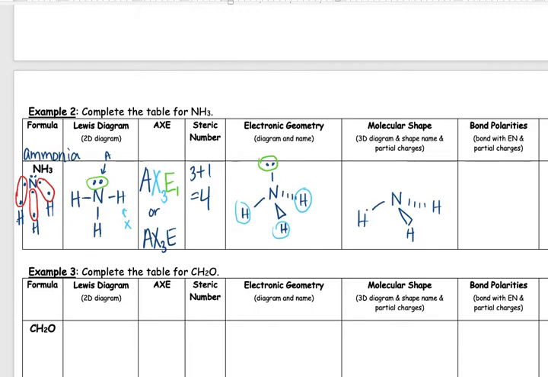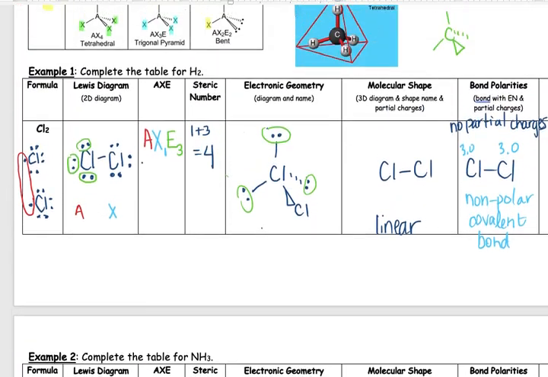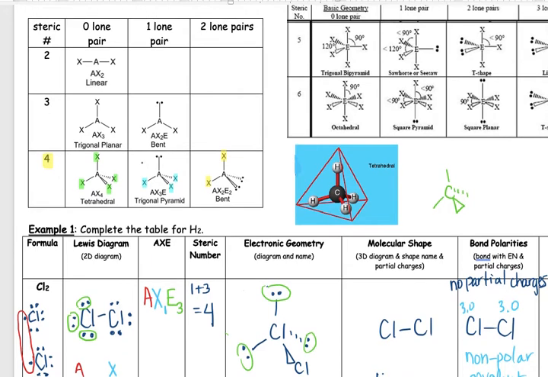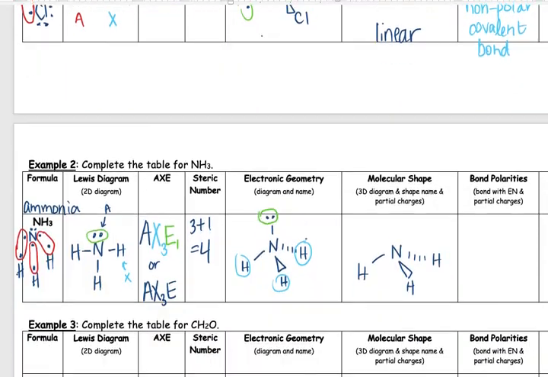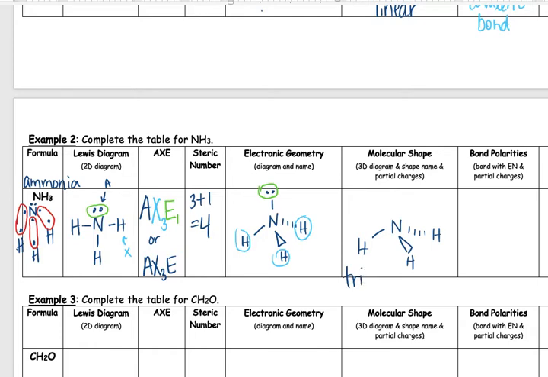Now we're going to look at the names. We're looking at a central atom with 4 things, steric number 4. Which one of these has just the one lone pair? You can see that it's this one here, the trigonal pyramid. So that's the name of the shape. We'll add that down here, trigonal pyramid. That's the molecular shape name.